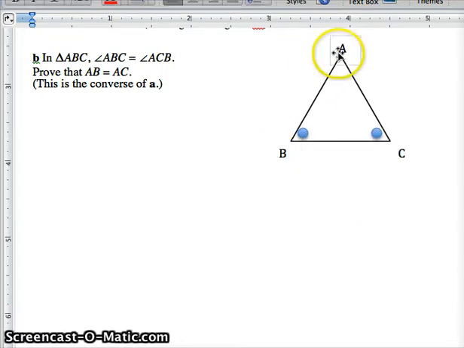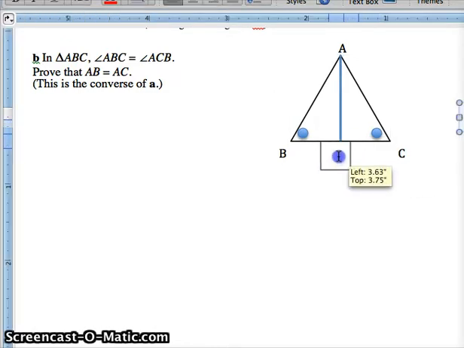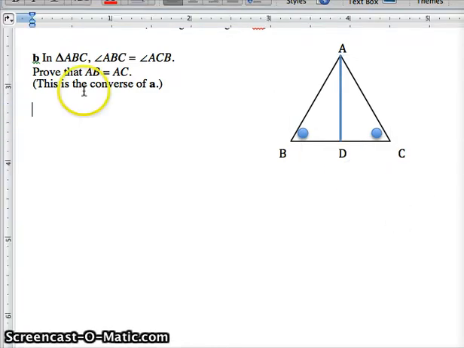Now, to prove that AB equals AC, again, we're going to use congruent triangles. But as you can see, again, we've only got one triangle. So what we need to do is to construct AD again, which is the bisector of angle A. So we'll bring AD in again. We need to tell the marker that this is what you are doing.